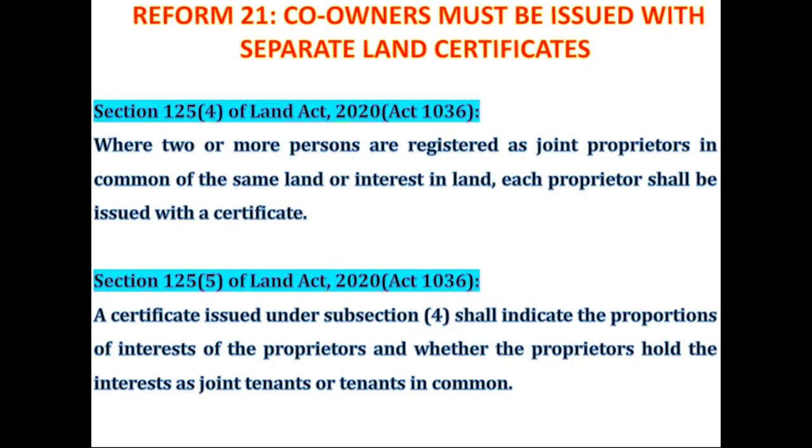It means that now, if there are 5 co-owners, tenants in common, each of them should be given an original certificate. Don't give one person one for them to go and run the photocopy. We won't accept it. It will be contrary to Section 125, Subsection 4 of Act 1036. So 125, Subsection 4 says that where 2 or more persons are registered as joint proprietors in common of the same land or interest in land, each proprietor shall be issued with a certificate.